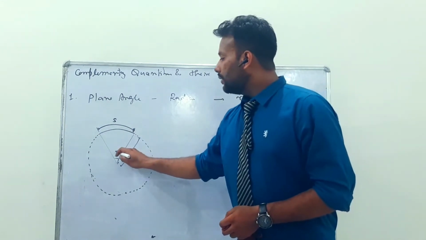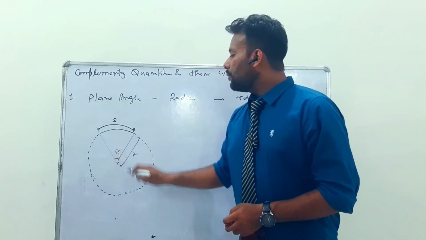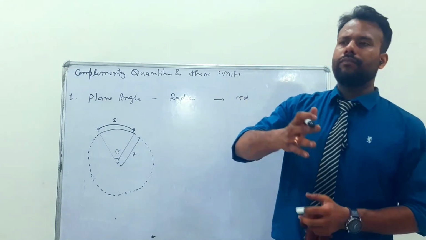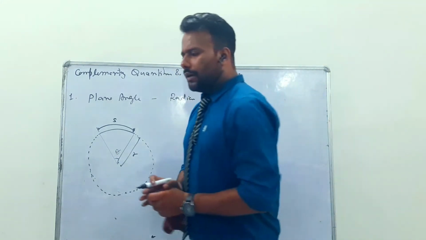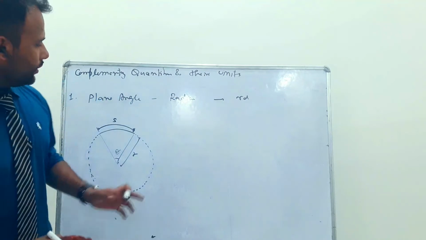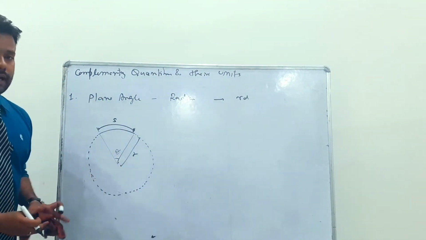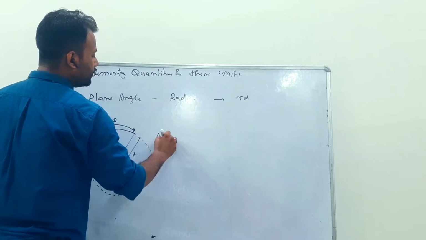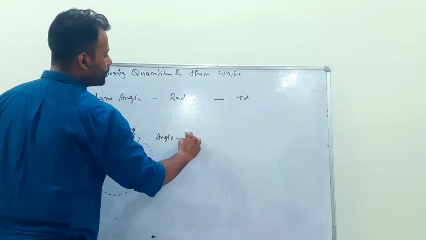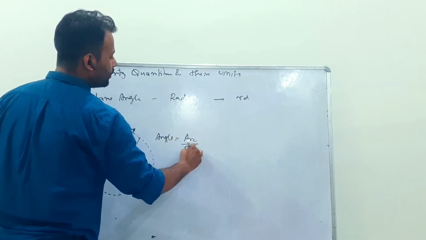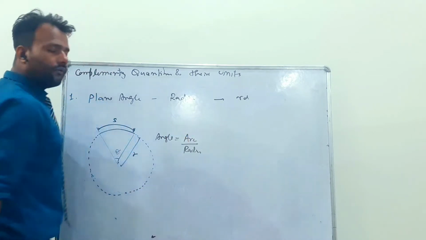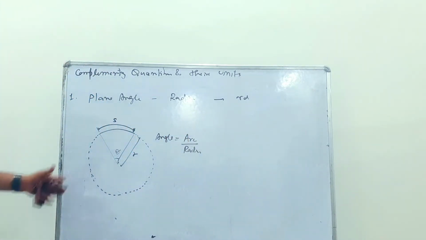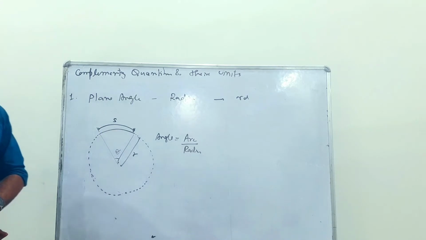And that angle is sometimes denoted by theta, sometimes alpha, sometimes omega. There are so many symbols. But simply logically, you understand the logic. This angle is called plane angle. What is the formula? Formula is angle equals to arc upon radius. Right? Arc length and radius.